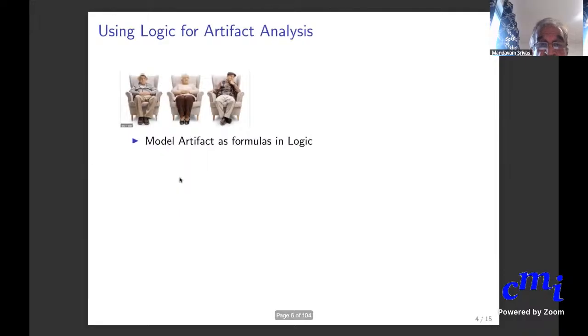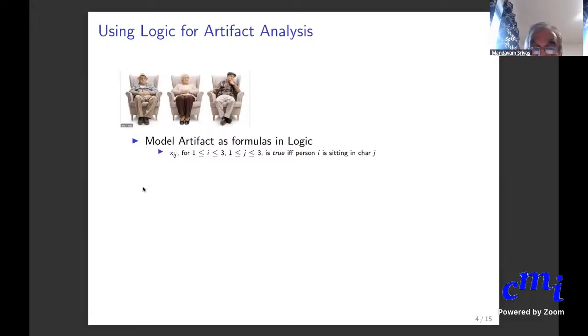For example, you could start by introducing a variable xij, for i between 1 and 3 and j between 1 and 3, which is assumed to be true if and only if person i is sitting in chair j.